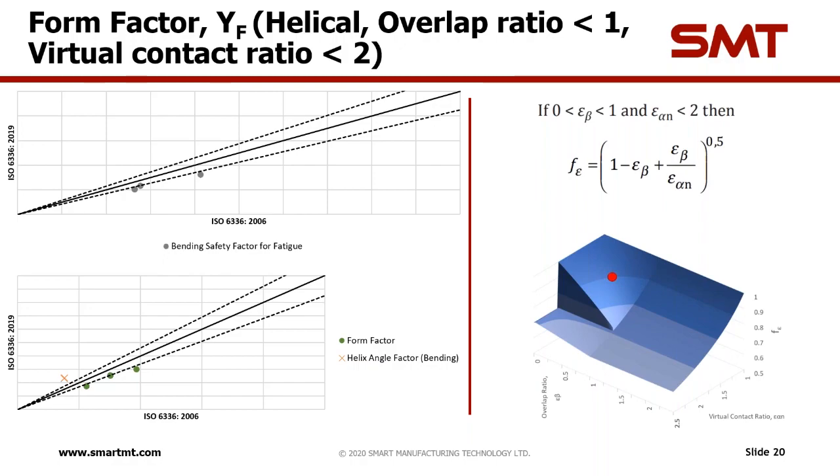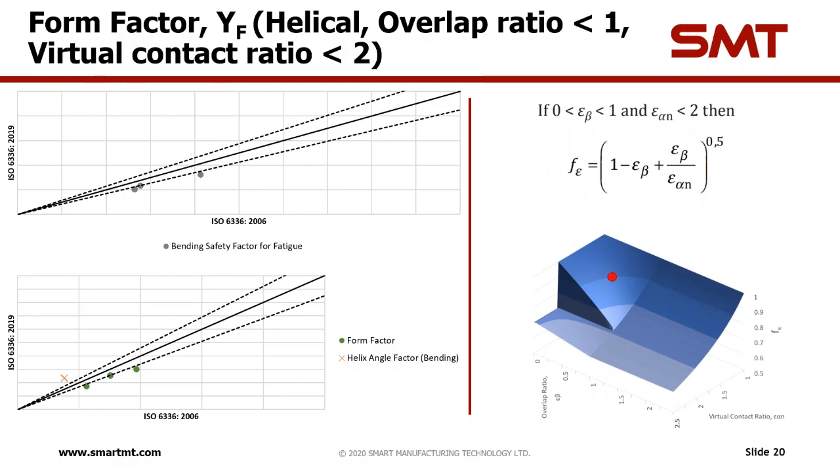The example we have given here actually decreases, but we will later on show you the values affecting in both directions for a different helical gear.